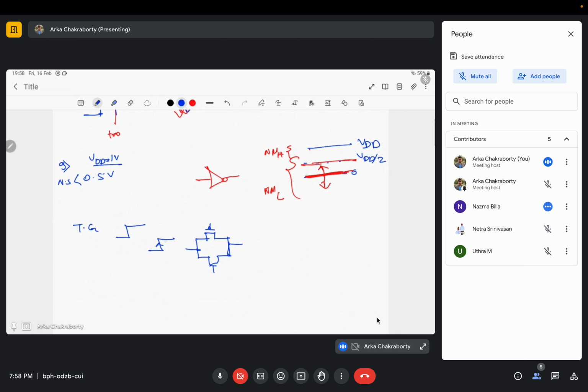Fine. Rising step input. Then the NMOS. Yes, correct.